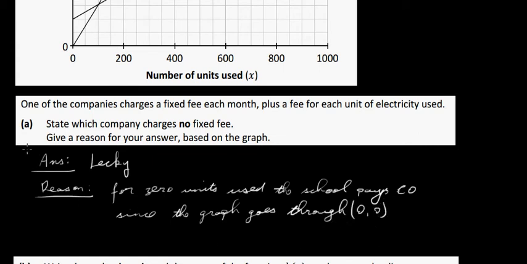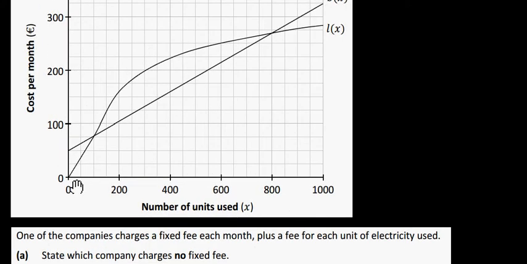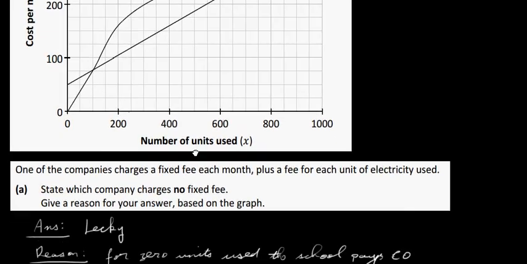So for 0 units used here, the school would pay 0 euros. So they don't pay anything if they don't use any electricity.